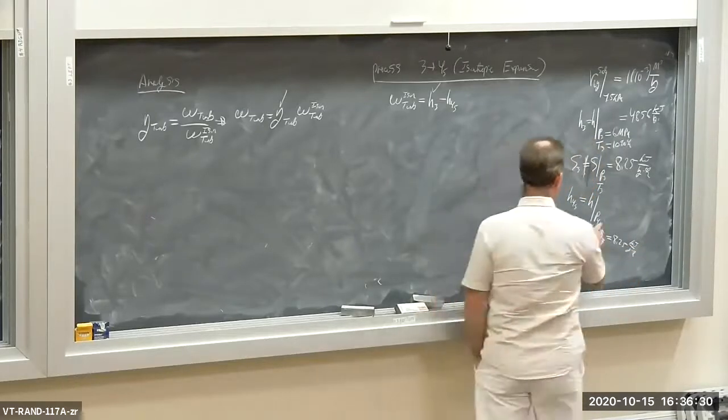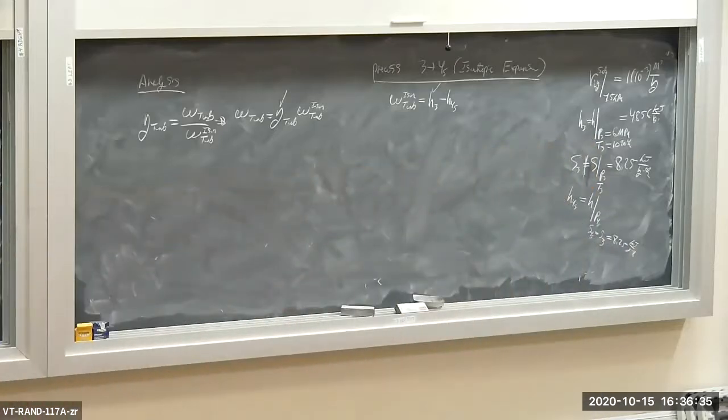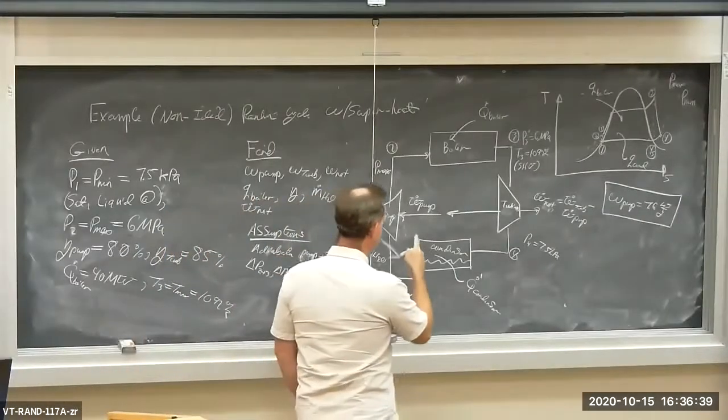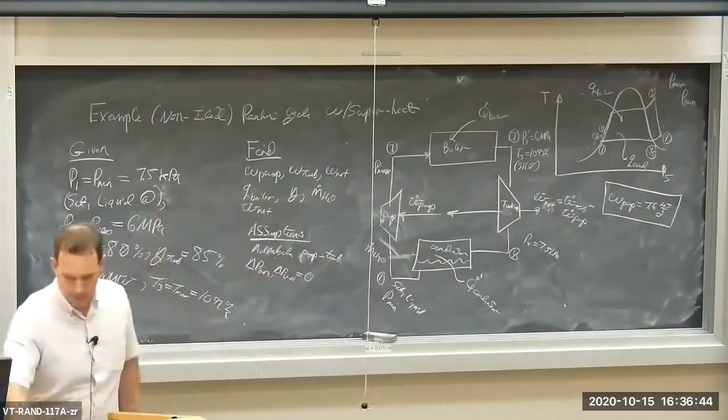And P4 is equal to the condenser exit pressure, which is 7.5 kPa.